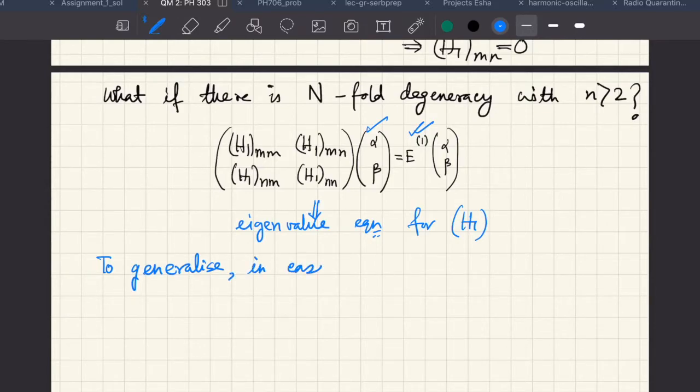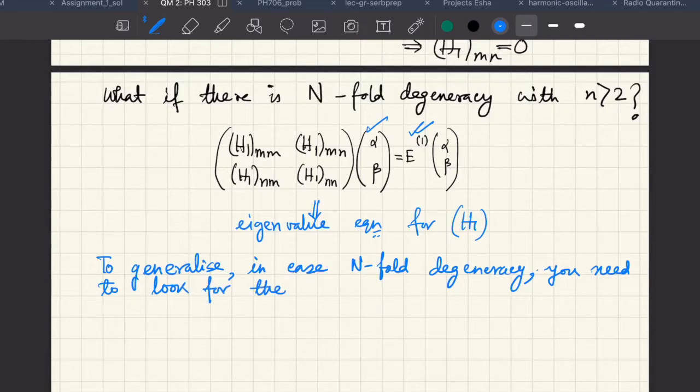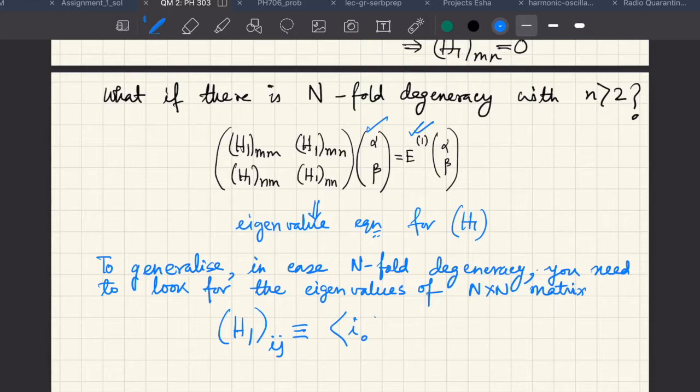So to generalize, in case of n-fold degeneracy, you need to look for the eigenvalues of the n cross n matrix, which is given by H1 ij equal to <i0|H1|j0>.